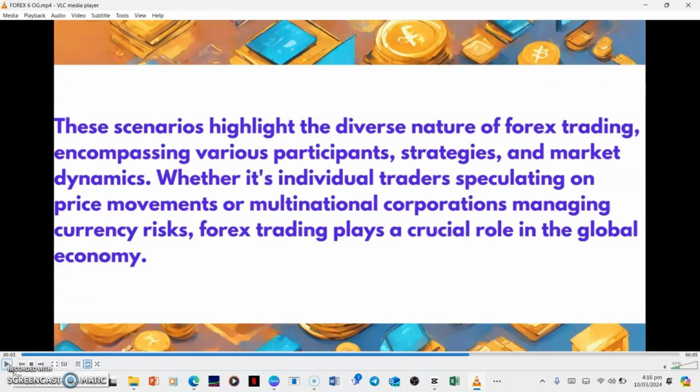So now, after having looked at all these, what we can say in conclusion is that these scenarios highlight the diverse nature of forex trading, encompassing various participants, strategies, and market dynamics. Whether it's individual traders speculating on price movements or multinational corporations managing currency risks, forex trading plays a crucial role in the global economy.